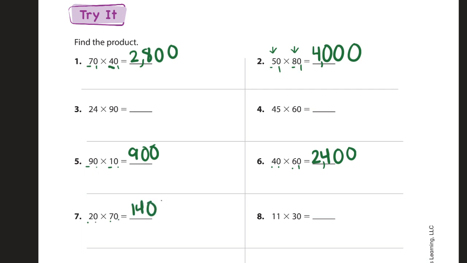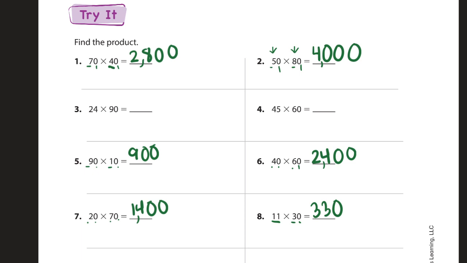I add my 2 zeros to my answer, and the product of 20 times 70 is 1,400. 11 times 3 is 33, and I add one more 0. And so the product of 11 times 30 is 330.